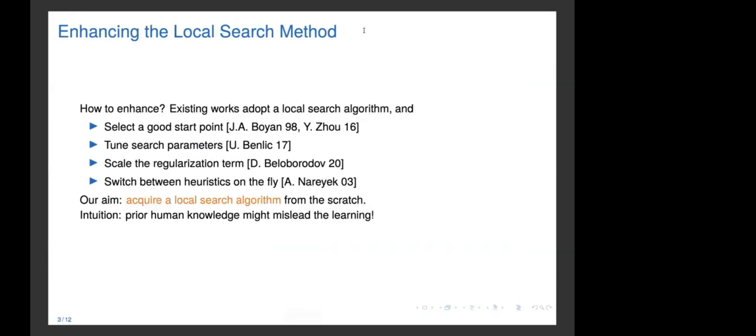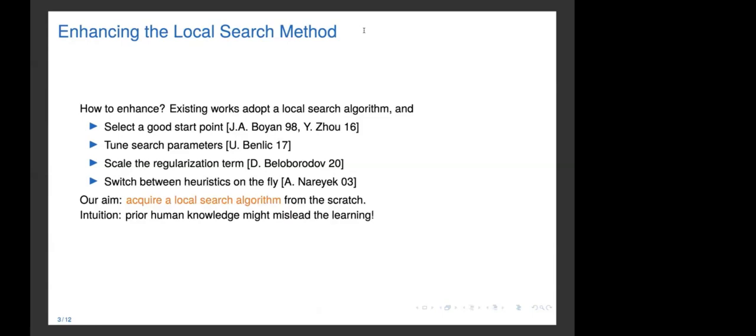In this work, we try to enhance the local search method. How to enhance? Existing works usually adopt a local search algorithm, and then they try to select a good start point, to tune search parameters, to scale the regularization term, or to switch between the heuristics on the fly.